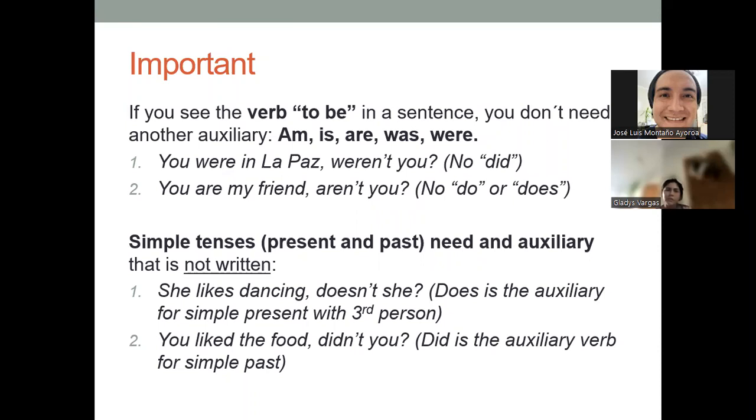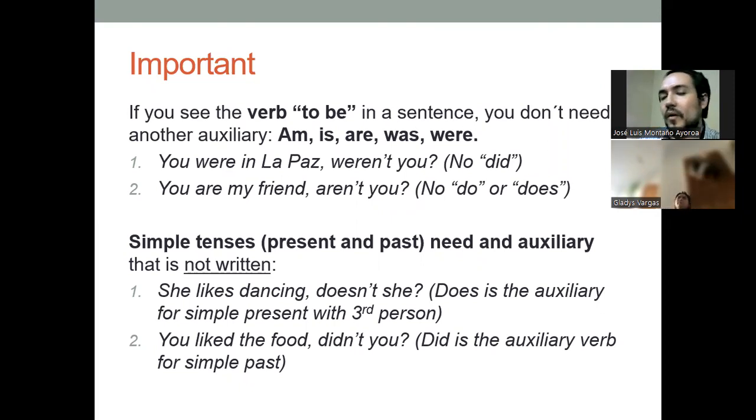Simple tenses, present and past, need an auxiliary that is not written. She likes dancing, doesn't she? Does is the auxiliary for simple present with third person. You liked the food, didn't you? Did is the auxiliary verb for the simple past.